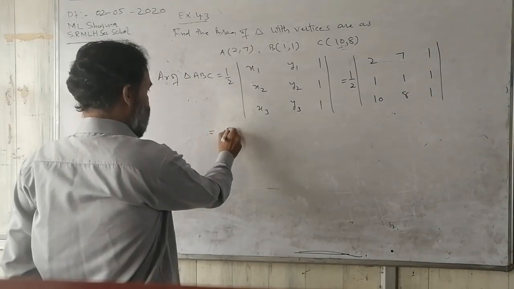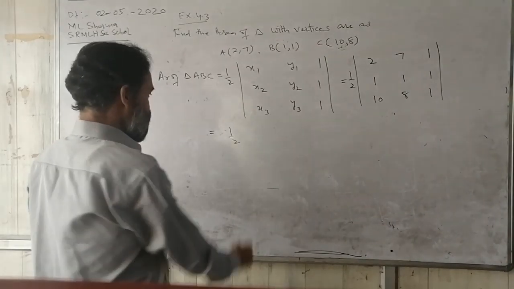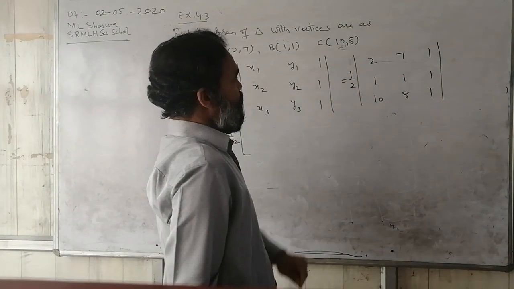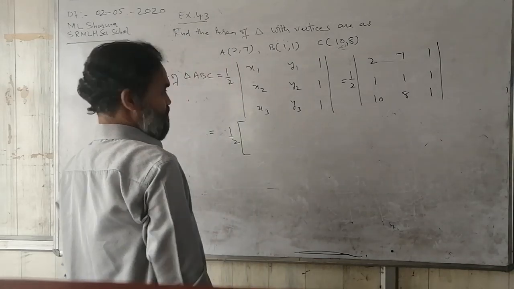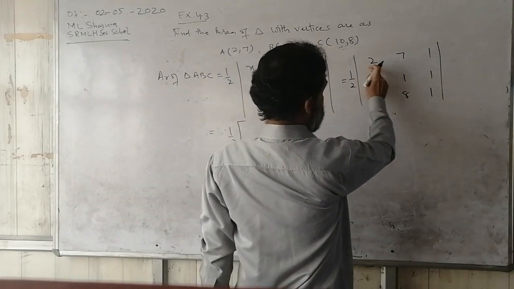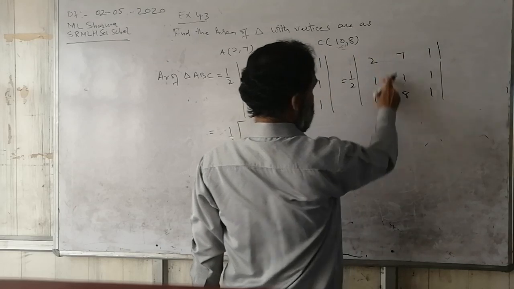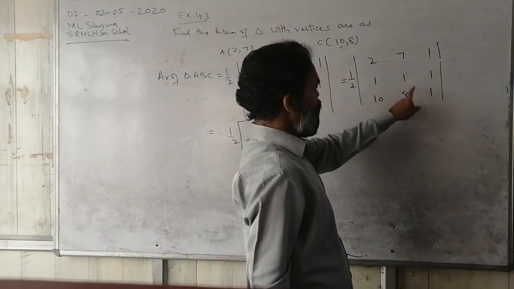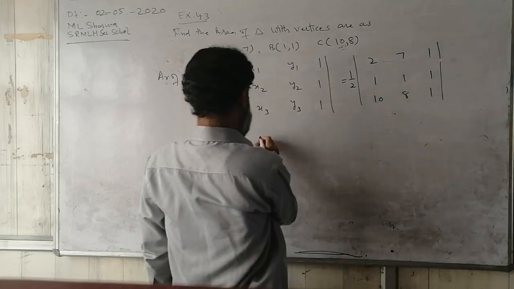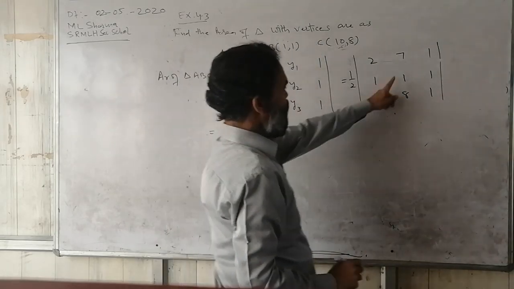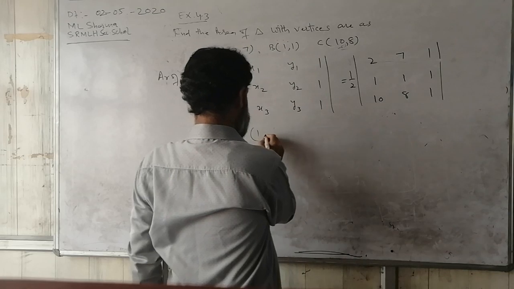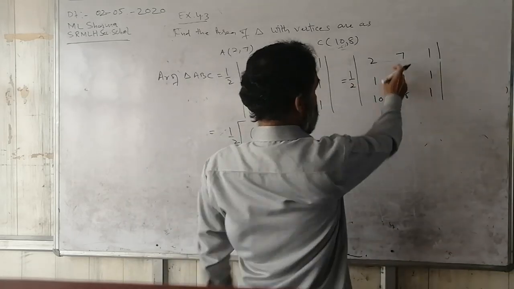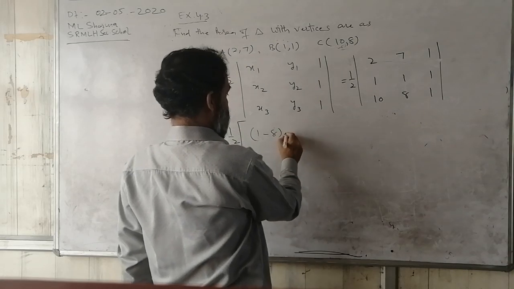So this will be equal to half times the first element 2. If I delete this row and this column, I am left with 4 elements, and I multiply this by 1 times 8, then minus here.